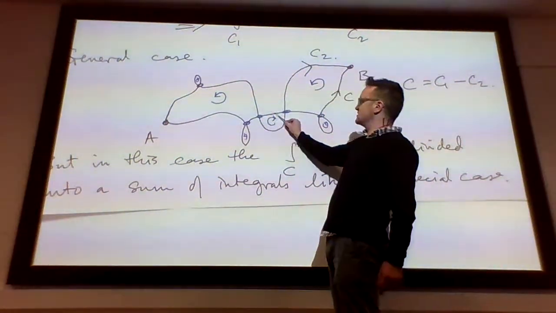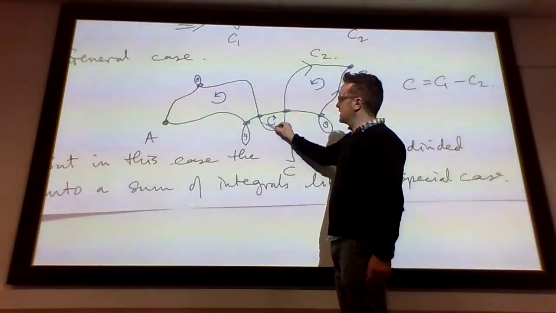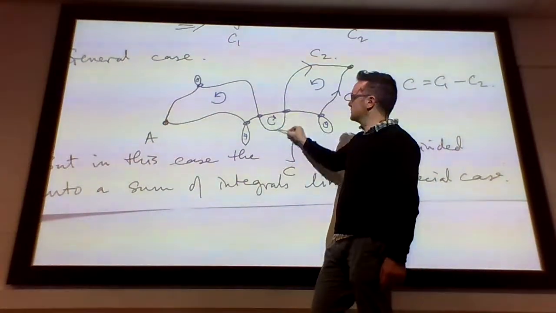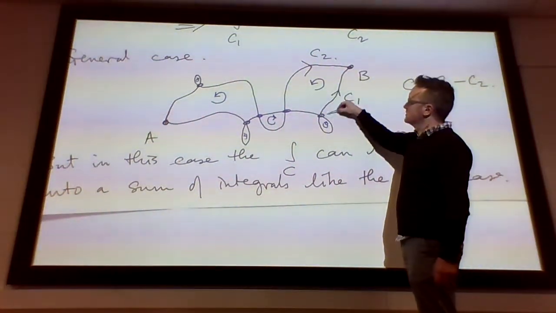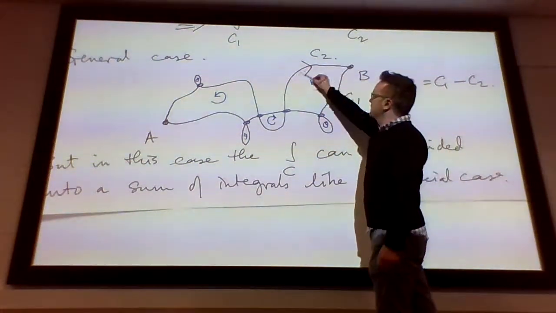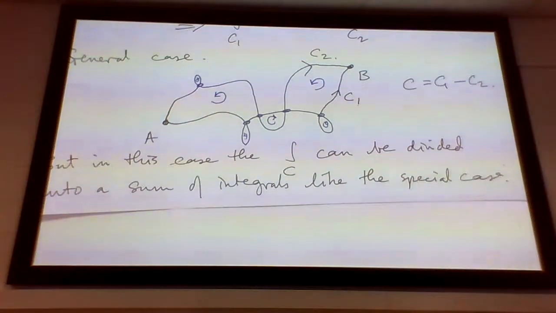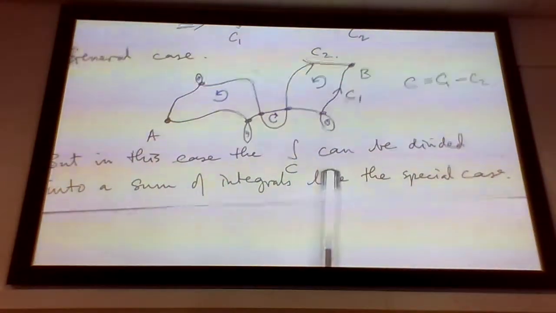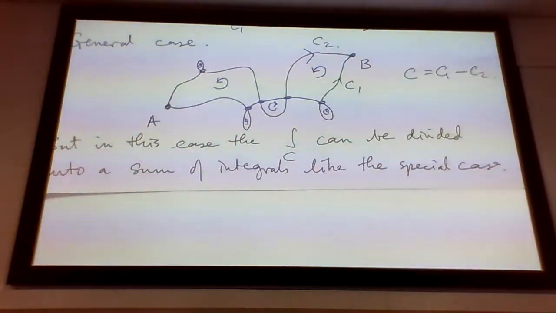It picks up this bit of C1 and this bit of minus C2. But that can go in its own integral, simple closed curve. This can go in its own integral, simple closed curve. And this bit can go in its own integral, simple closed curve. So the integral along the whole of C, we just subdivide it up into these smaller simple closed curves.